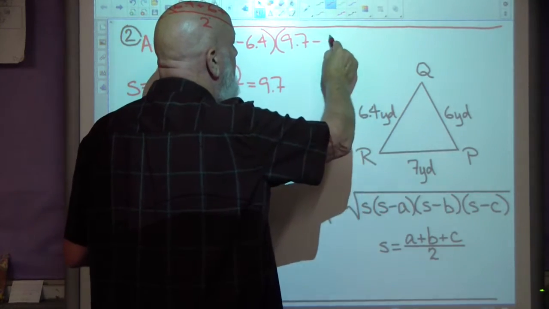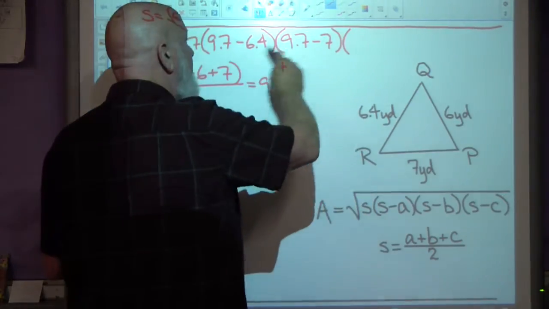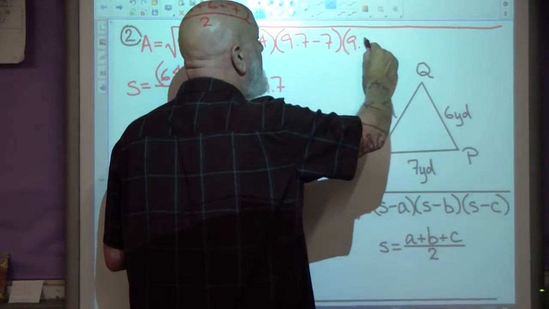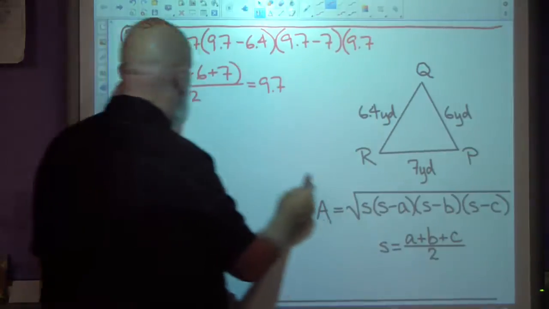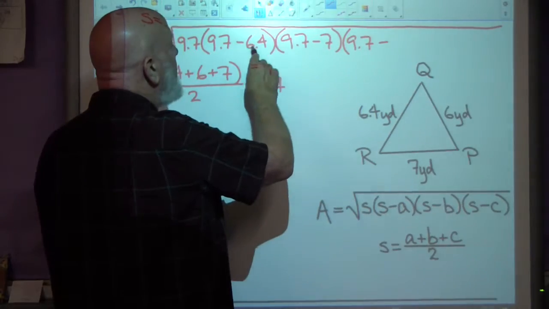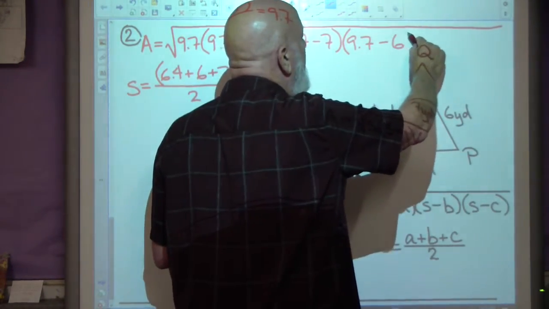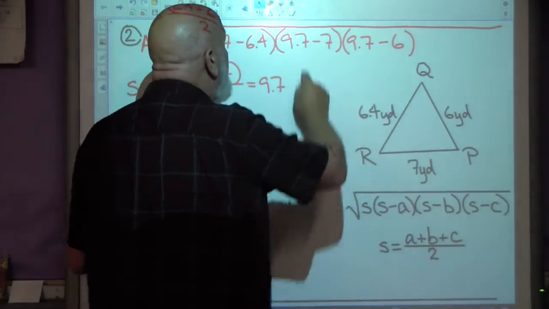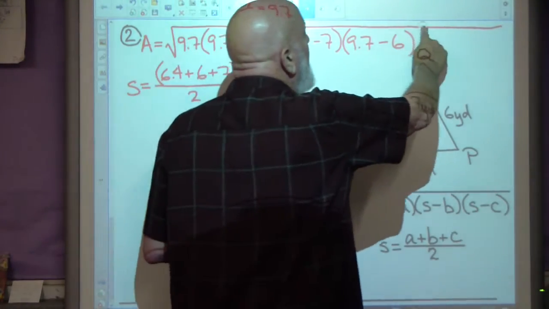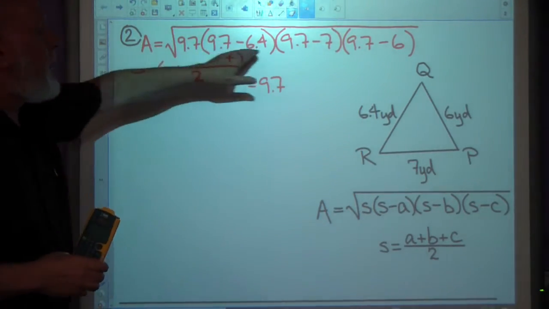I'll go with 7 times 9.7, S, which we just found was 9.7, minus the third side. Well, I've used 6.4 and 7, so I'll use 6 here. That gets all 3 of my sides in there. And again, I just got to try not to mess up when I'm entering this into the calculator.